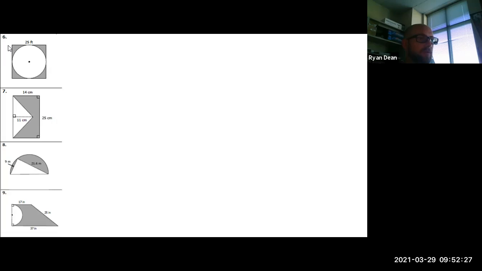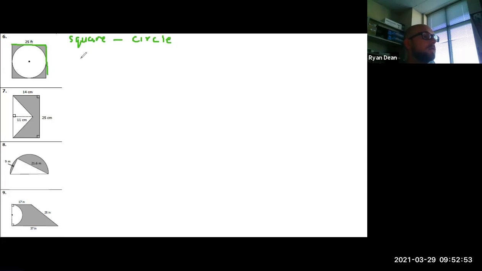We'll start up here with number 6. Number 6 is pretty straightforward. It's just a square. And then after we find the square, we're going to take away the circle. So we have a square minus the circle. For the square, all we're doing is using this 25.